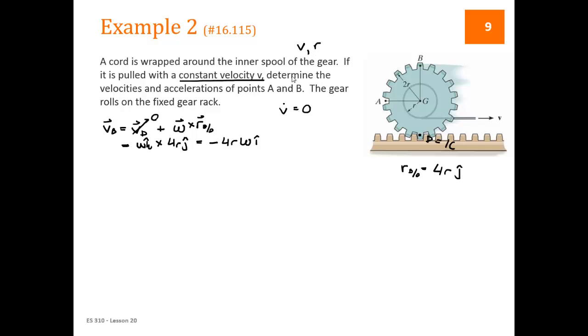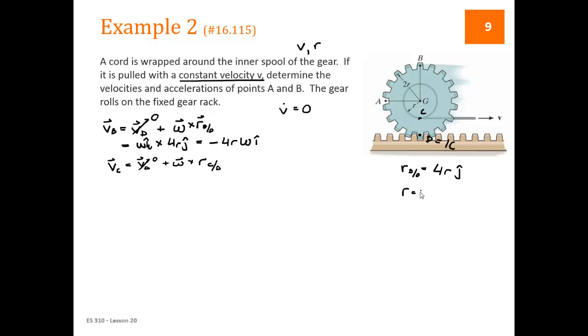Alright, so how do we find something about omega? Well, we know something about the velocity of this point, which I'm going to call point C. We know the velocity of point C. We know the velocity of D. So knowing two velocities, we should be able to find the omega for this thing. So let's write out that equation. Velocity of C is equal to the velocity of D, which is still 0, plus omega crossed with R of CD.